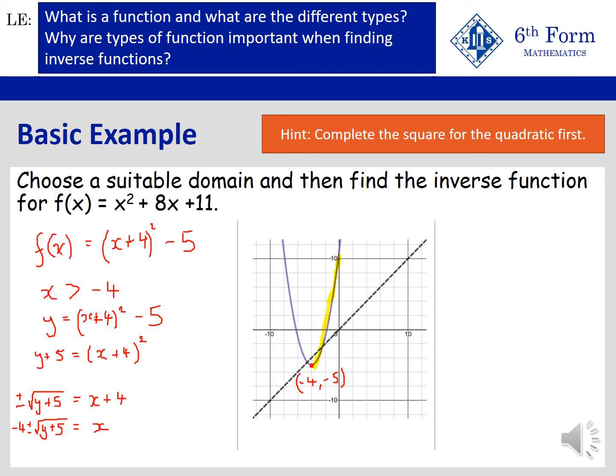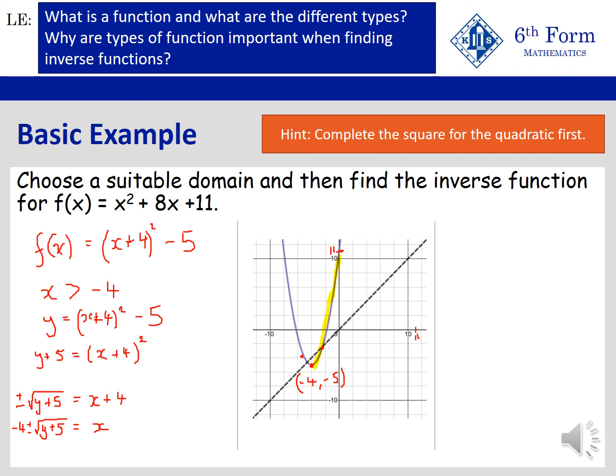So we've set this up, but we do need to carefully consider if we want the positive square root or the negative square root. If we think about the curve we've sketched and how that would end up getting mirrored, so the minimum point is going to end up somewhere over here. Where it crosses the mirror line would match up, and then another good point to do, this point up here would be 11, so that is going to get mirrored down here to be 11 as well.